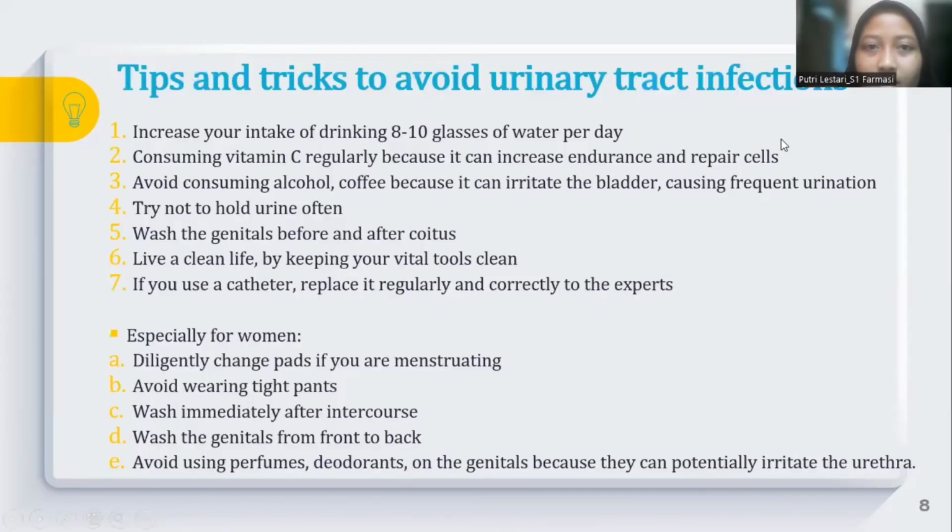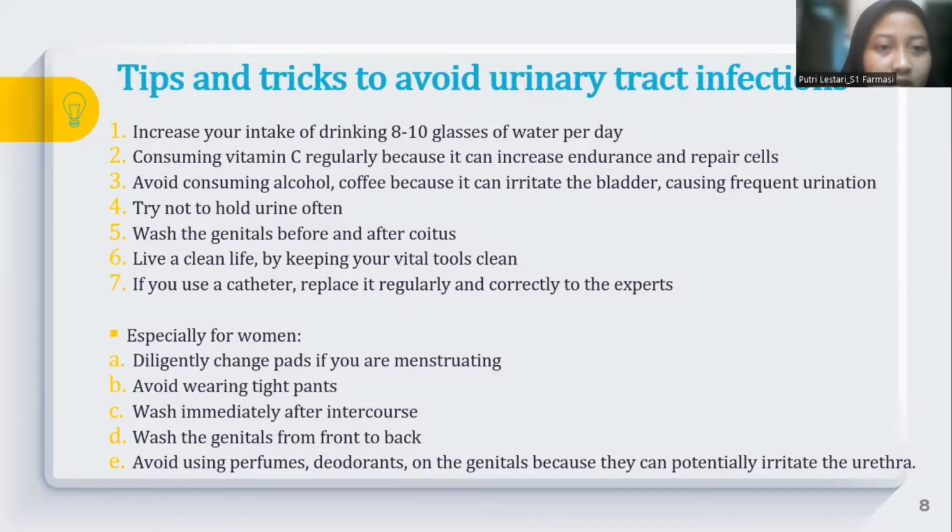Tips and tricks to avoid urinary tract infections. 1. Increase your intake of drinking water to 10 glasses of water per day. 2. Consume vitamin C regularly because it can increase endurance and repair cells. 3.